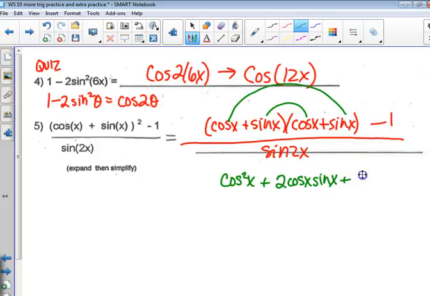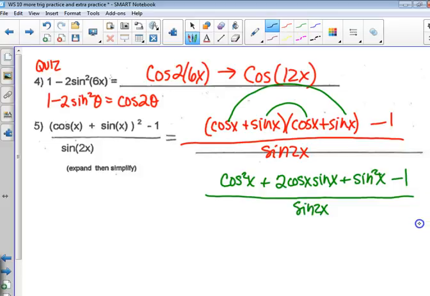And then there's a sine times a sine, which is a sine squared. And there was a -1 on the back outside of all that. Now what? The 1's cancel out. Where's another 1? Okay, cosine squared plus sine squared is a 1.